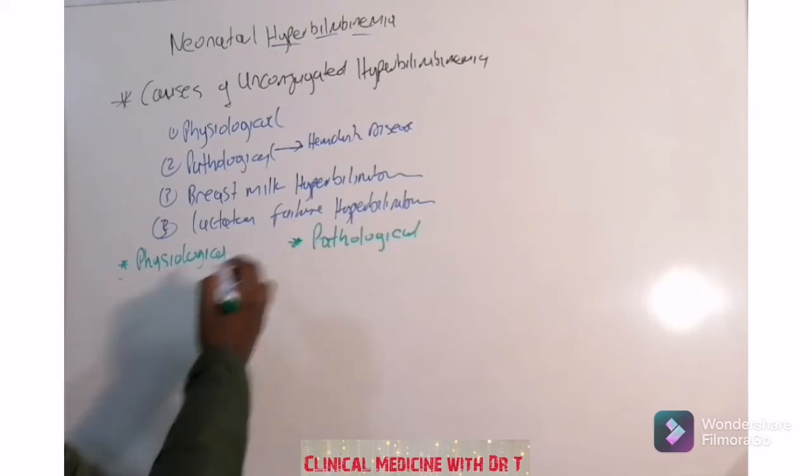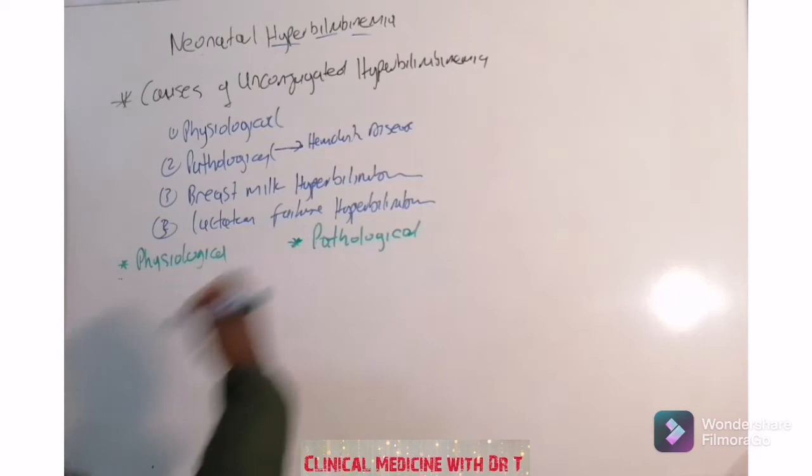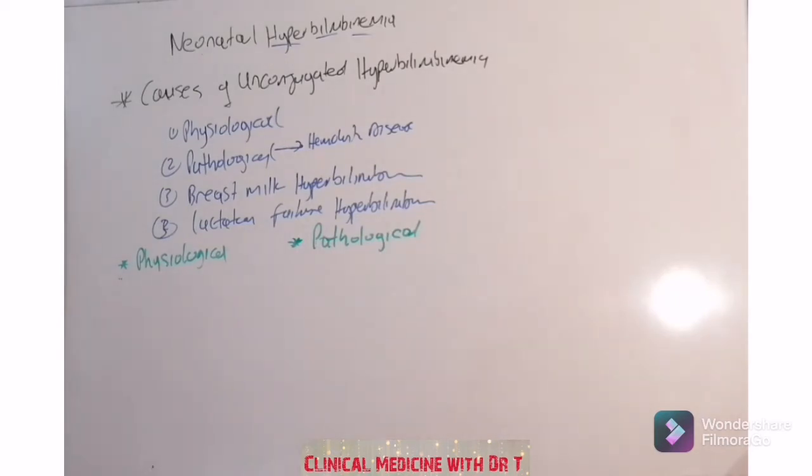That's why, guys, I want to urge you to really grasp important concepts in all rotations that you go to. Because imagine having a neonate who's got hyperbilirubinemia. They present with jaundice and they've got conjugated hyperbilirubinemia.